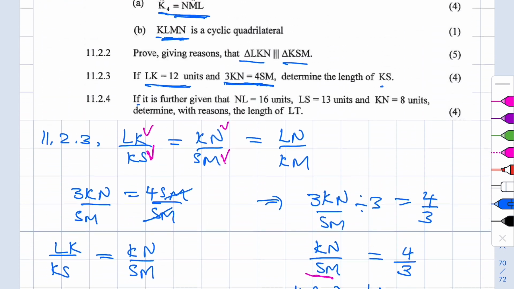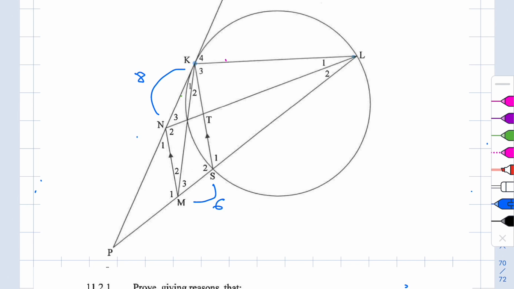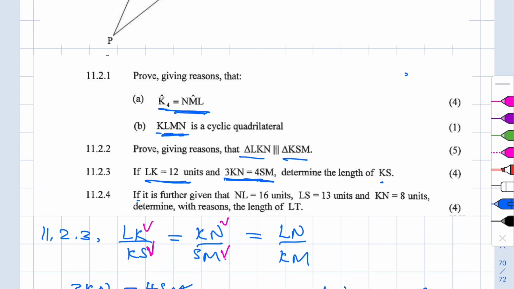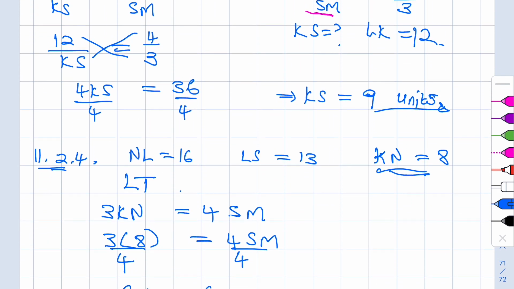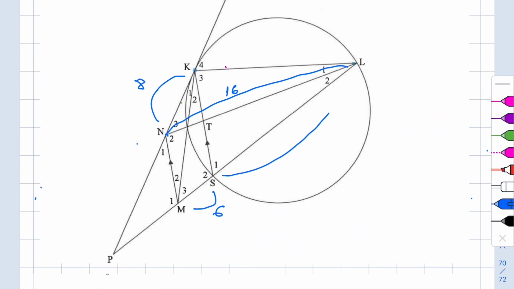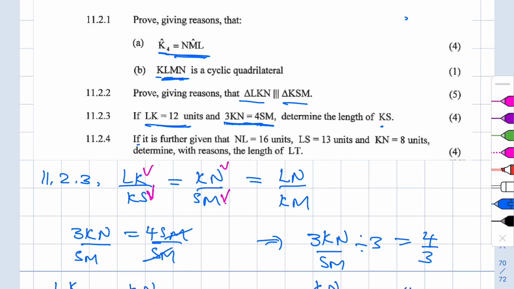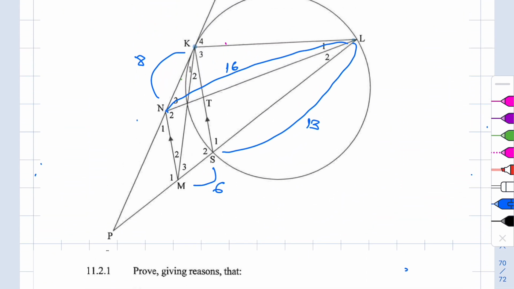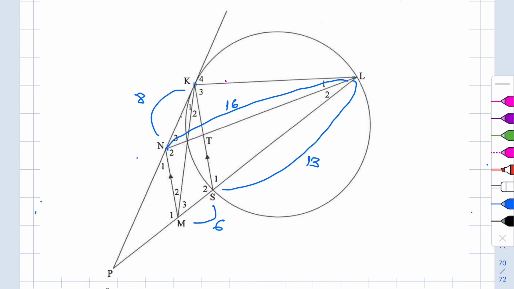NL is 16. LS is 13 units. We are looking for LT, so you are looking for this length.